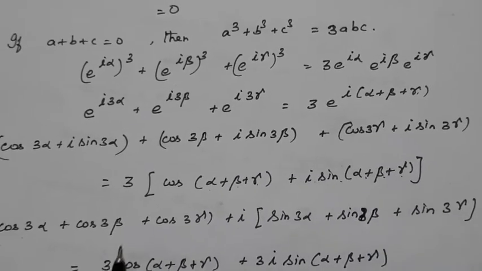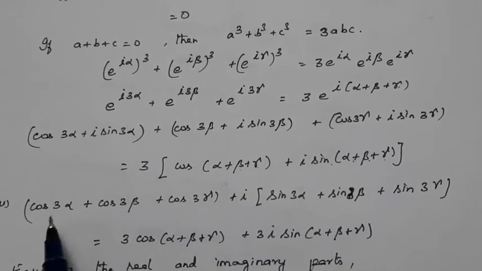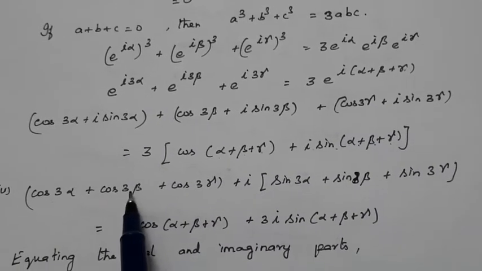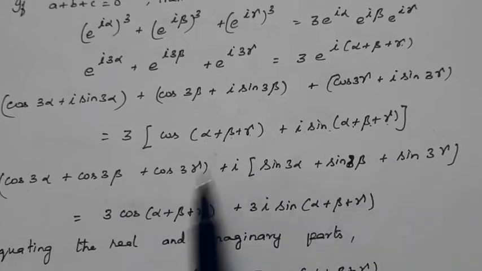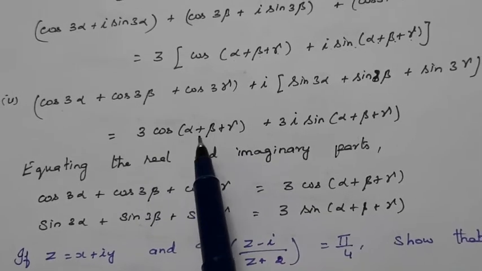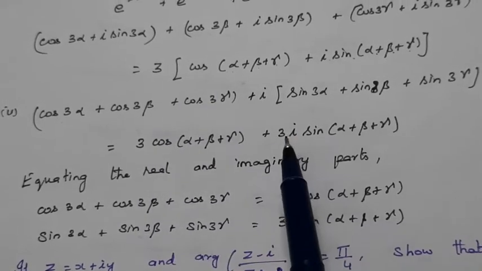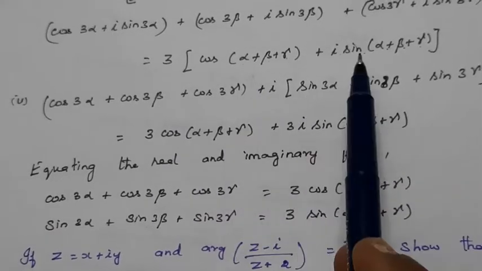Now, let us add the three complex numbers, grouping the real part. Real part will be cos 3 alpha plus cos 3 beta plus cos 3 gamma, plus i into the imaginary part. And this is equal to this complex number, 3 cos of alpha plus beta plus gamma plus i into 3 sin of alpha plus beta plus gamma, multiplying the 3 inside.